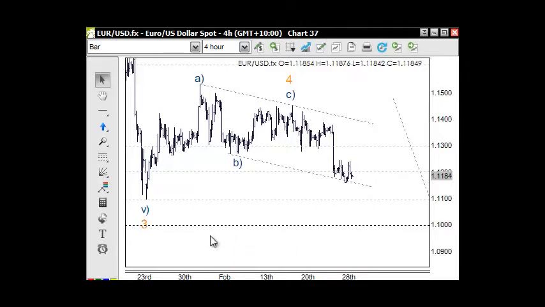But once again, as with the US dollar index and chucking a spanner in the works, it is possible that this can be a B wave here and a C wave over here to complete wave 4, and this is a 61.8% retracement level here, probably past that a little bit. So look, I know that's a little bit annoying, but that's the thing with Elliott. You've got to keep all the counts on the table.